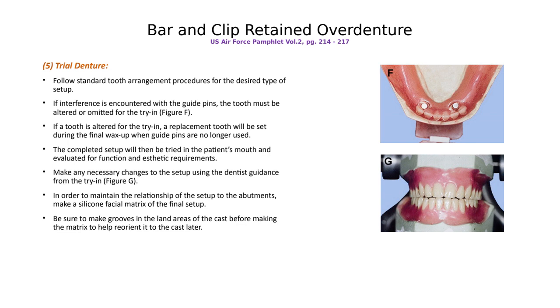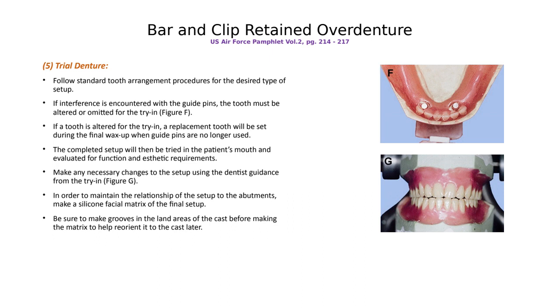After we have the case mounted, we can proceed with ordering the teeth that we need, the denture teeth, and setting up the teeth exactly like we do with a complete denture. Again, this is very important because we have to make sure that the occlusal contacts and also the centric relation are correct, and the vertical dimension is correct.